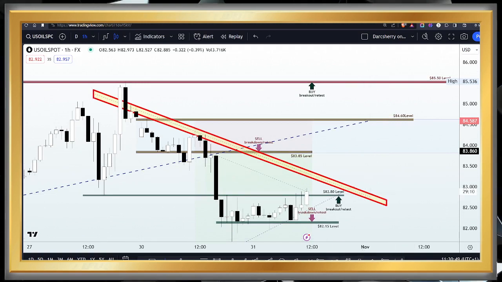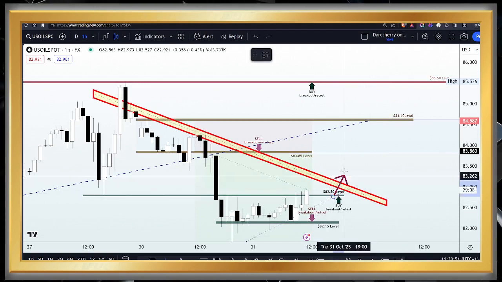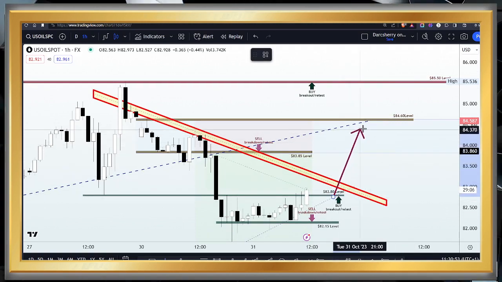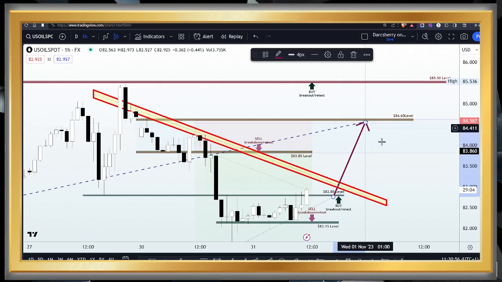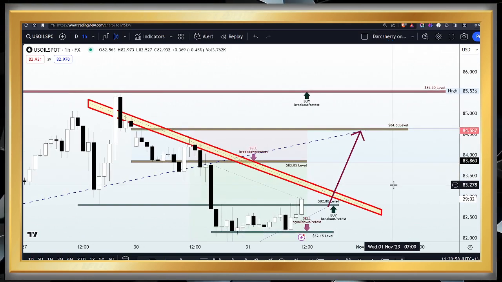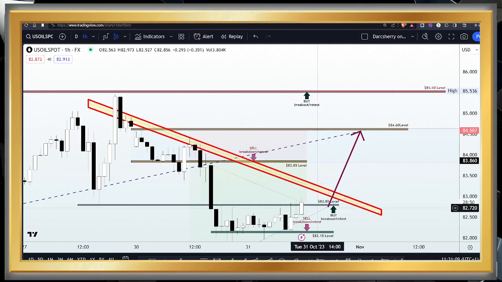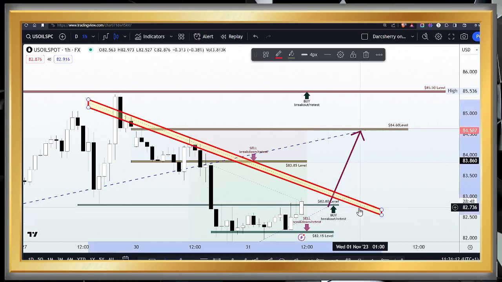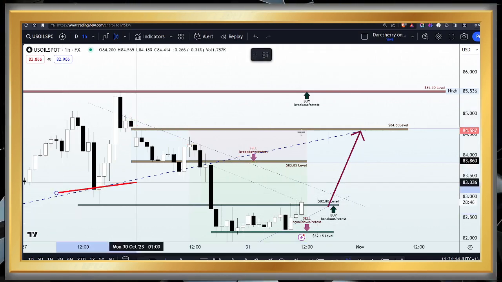So if price continues after the breakout of the $82.80 level, there is a structure around this area where we want to exercise patience and see how the market will react to it to decide if we are going to be adding more buy positions or getting ready for another wave of bearish momentum. Now remember that we had this ascending trend line broken yesterday.